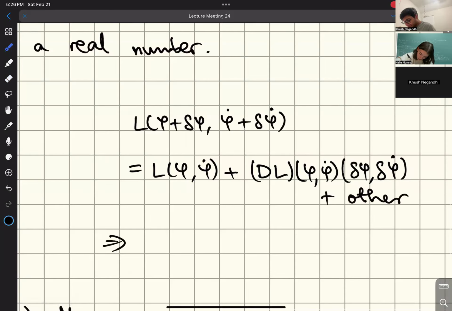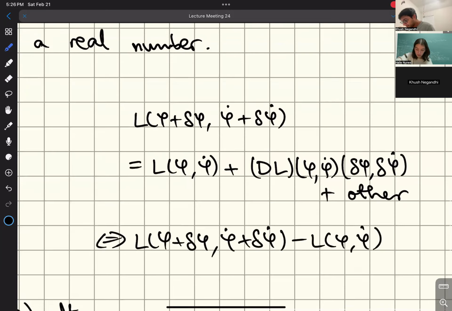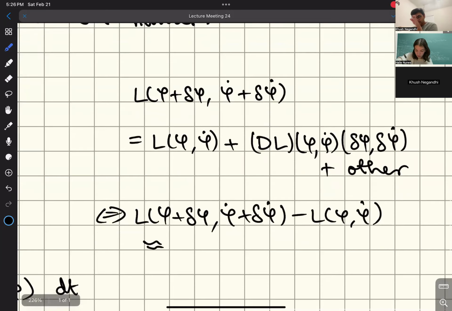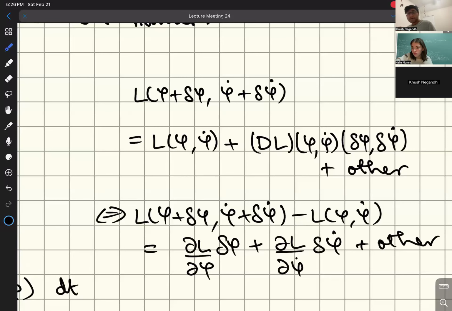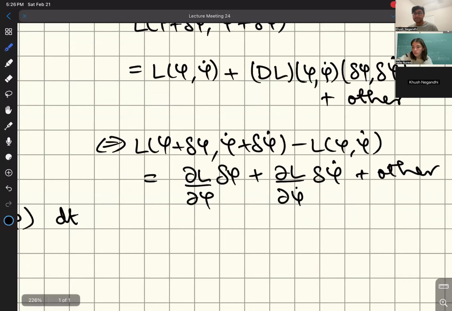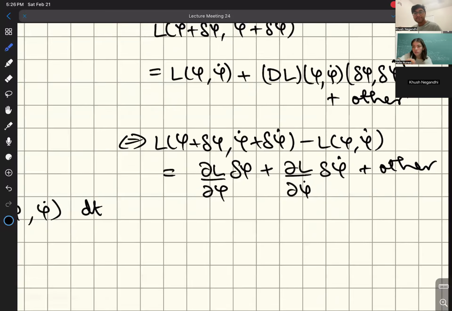So what this is saying is that L at phi plus delta phi, phi dot plus delta phi dot, minus L at phi dot is approximately equal to partial L partial phi delta phi plus partial L partial phi dot delta phi dot, plus other terms. But in the limit, these other terms will not matter, at least in the first order approximation, so we're just going to ignore them.